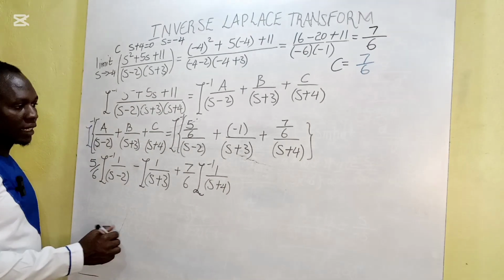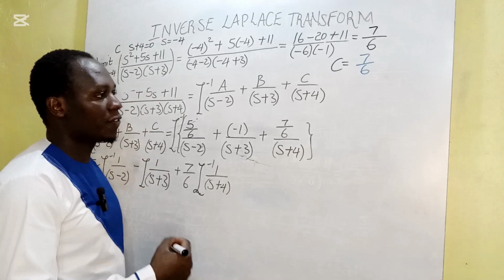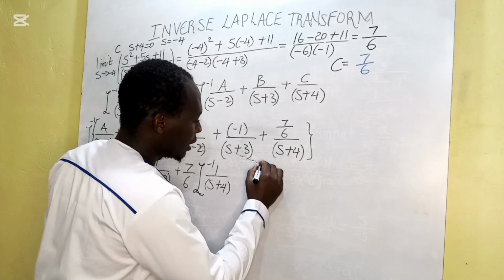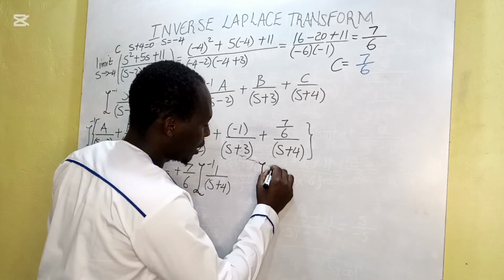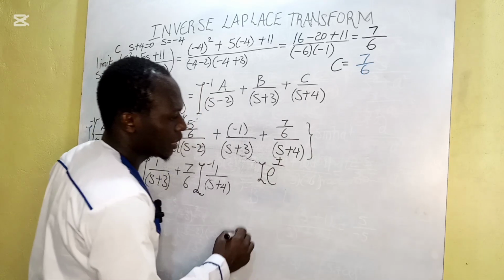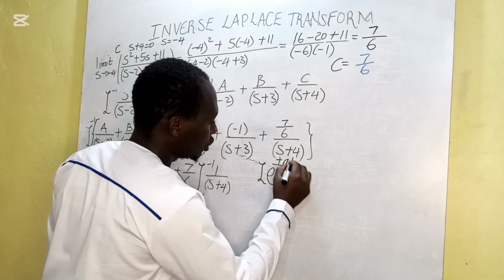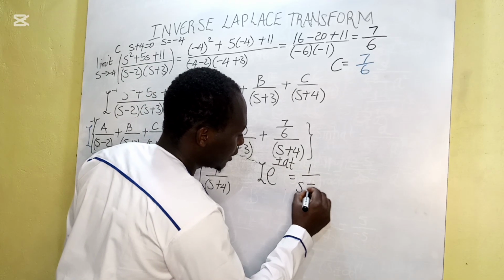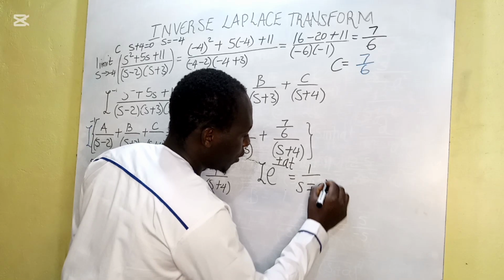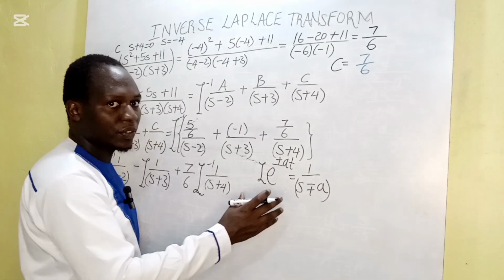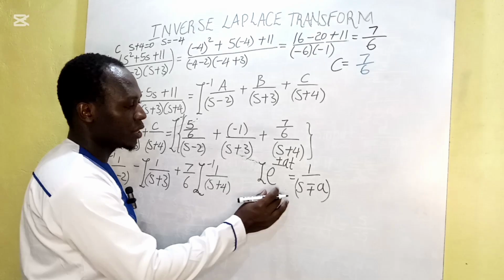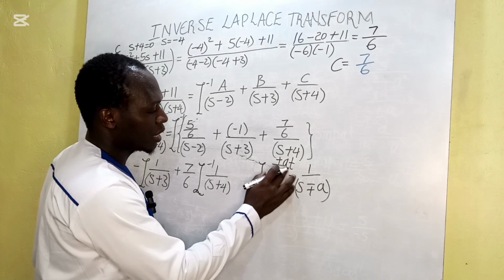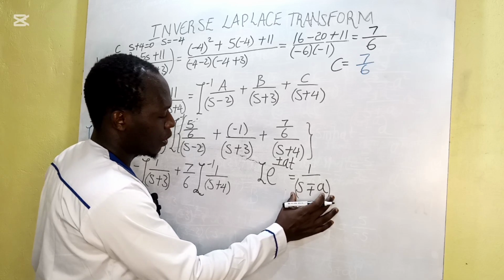Lastly, we agreed that using the first principle, the Laplace transform of exponential, positive or negative, at is equal to 1 all over S, negative or positive of A. In the previous video, using the first principle, we derived that exponential, positive or negative at is equal to our function here.